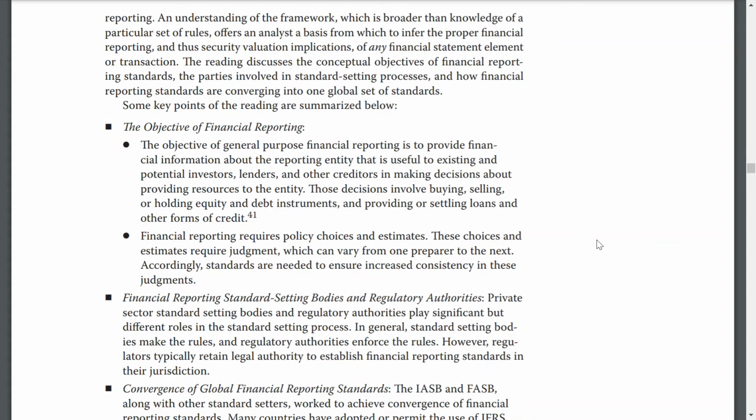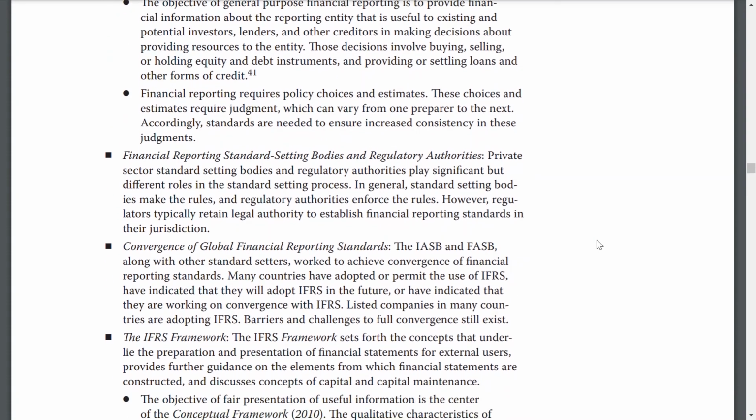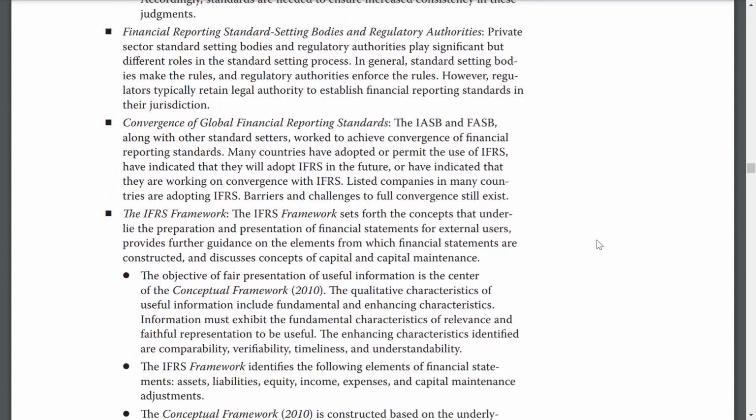Convergence of global financial reporting standards: the IASB and the FASB, along with other standard setters, work to achieve convergence of financial reporting standards. Many countries have adopted or permit the use of IFRS, have indicated that they will adopt IFRS in the future, or have indicated that they are working on convergence with IFRS.